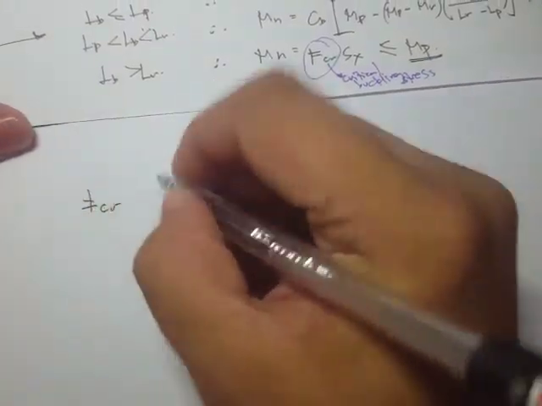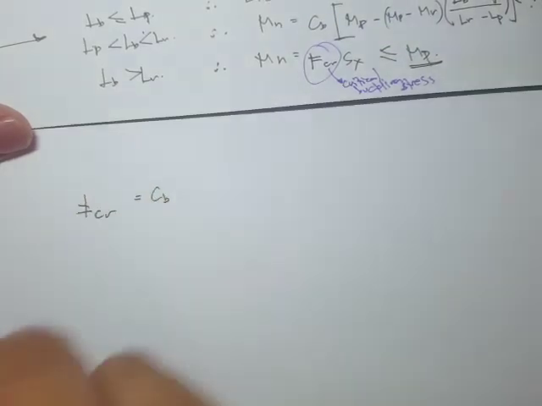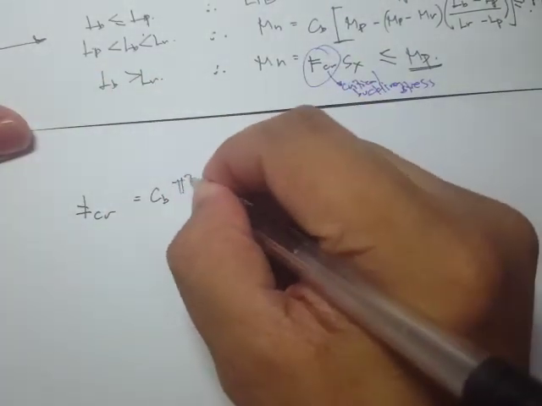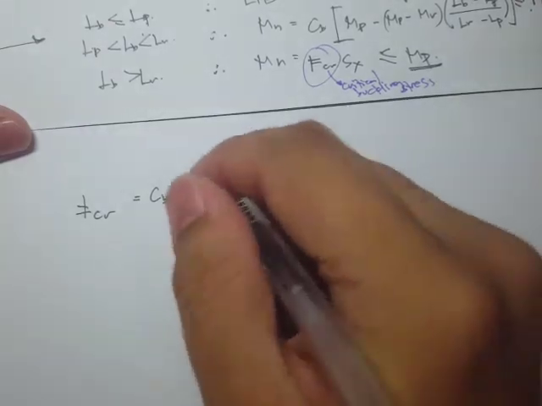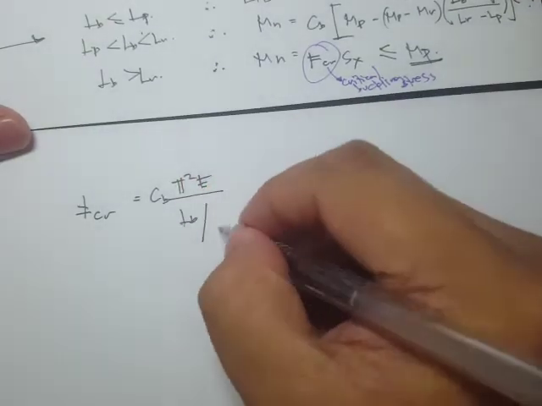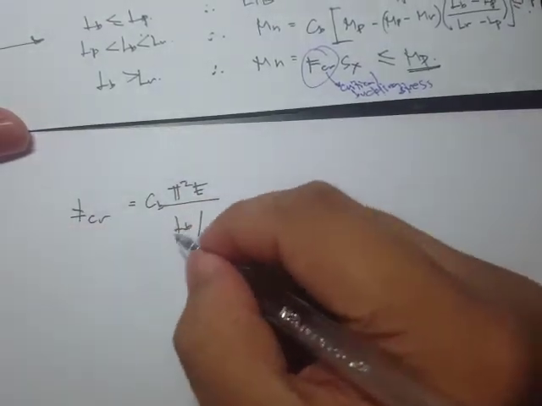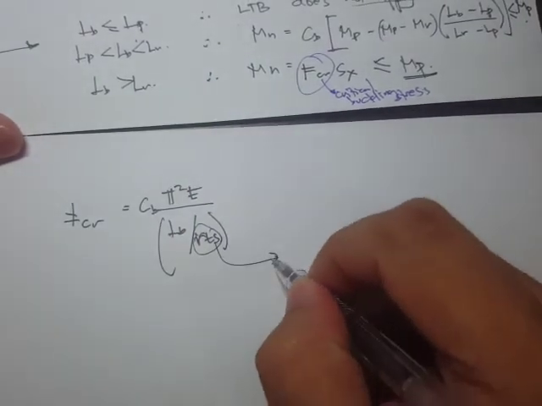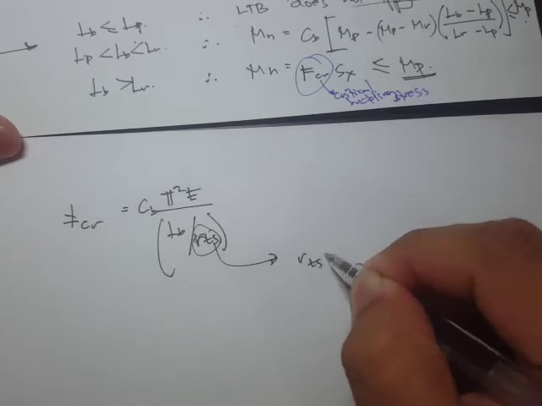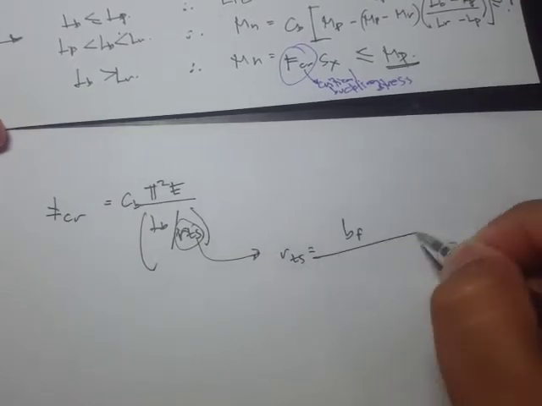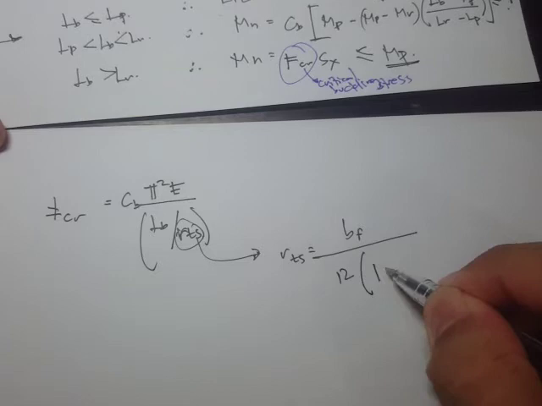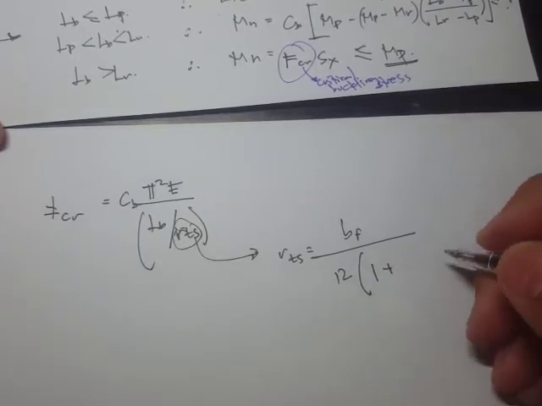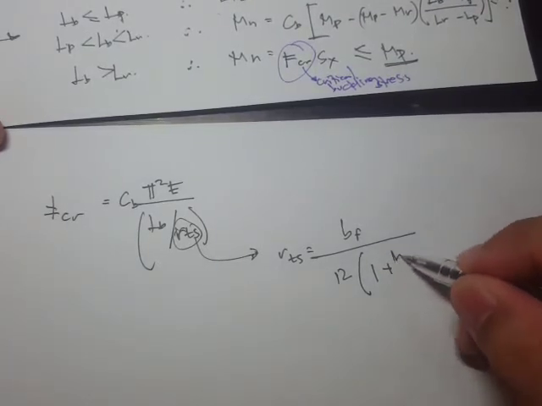Okay, so to solve that, we have F sub CR is equal to C sub B pi squared E all over the unbraced length divided by this value r sub ts, wherein this one can be computed as shown. I guess I have already introduced you to this equation.